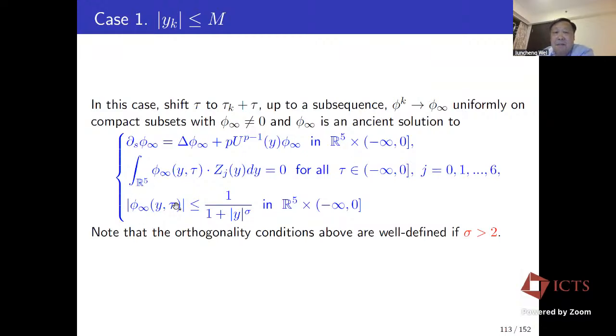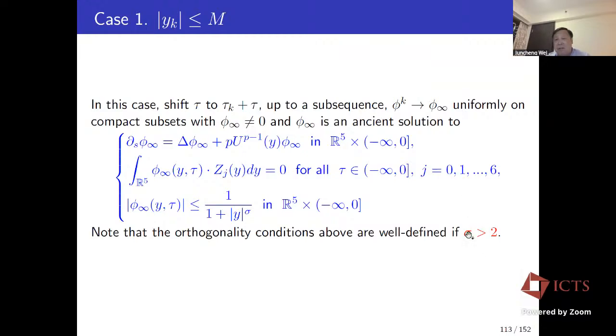And since I assume that yk is bounded, I also have this decay, 1 over 1 plus y squared to the sigma. So now we obtain an ancient solution to the linearized parabolic problem, with decay and with the orthogonality condition.